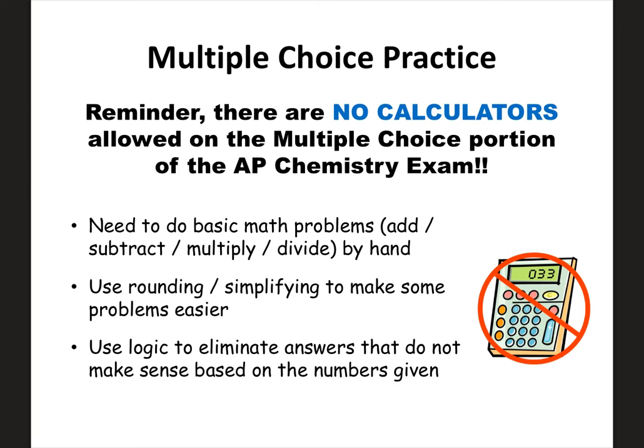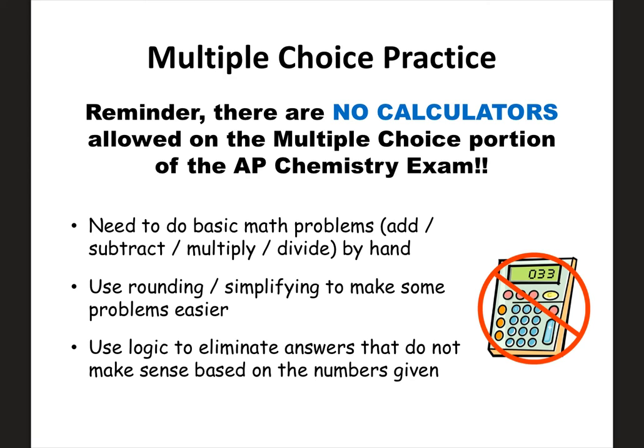Another thing that's different here, that we really start to see in this section, relates to the AP exam itself. We really have to get good at doing the multiple choice with no calculators. On the AP exam, no calculators are allowed on the multiple choice portion.